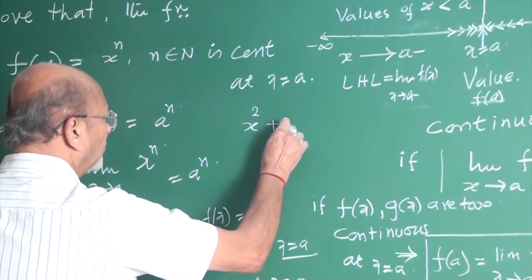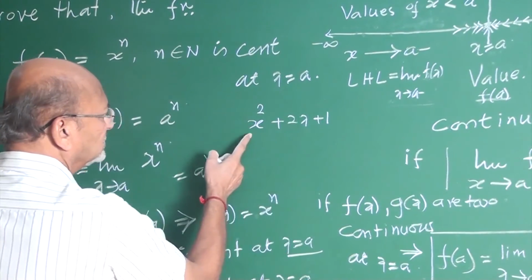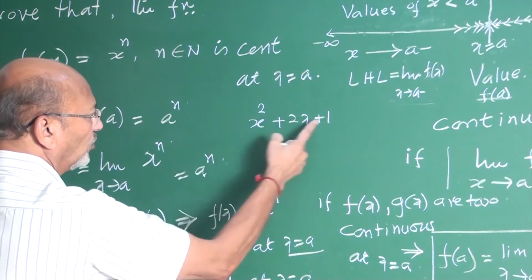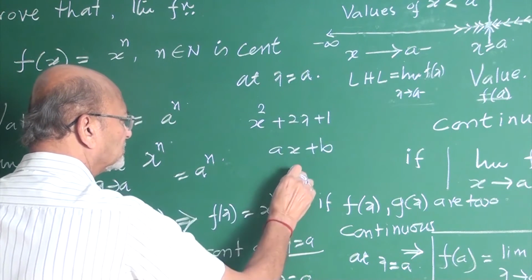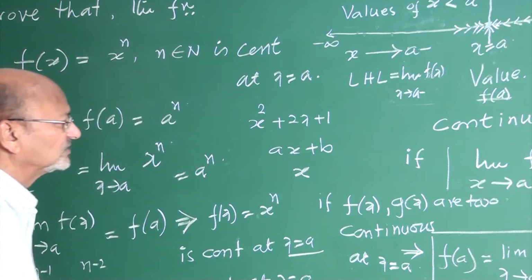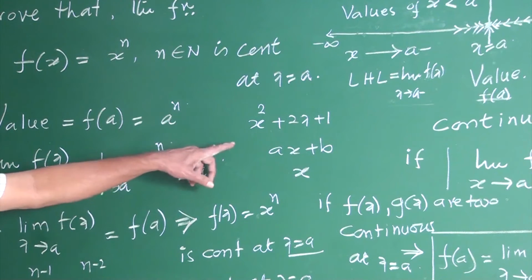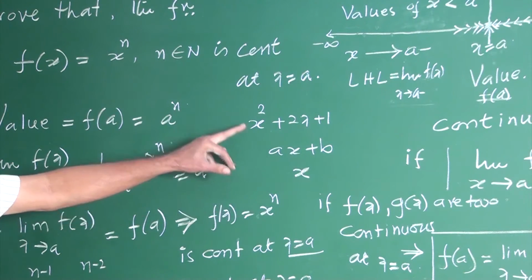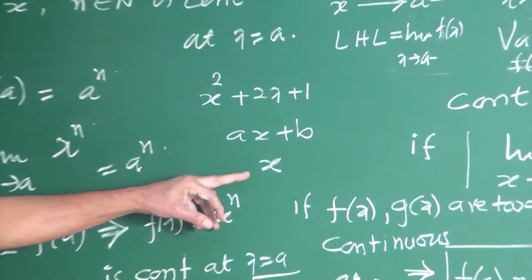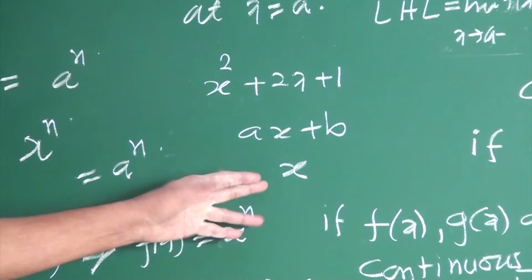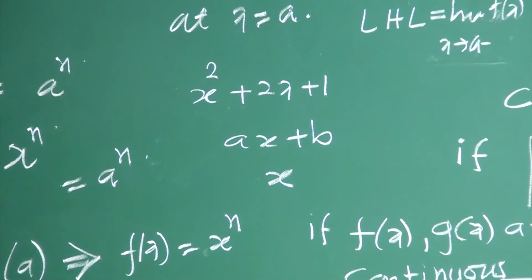What is this? It is x square plus 2x plus 1. It is a polynomial function of degree 2, quadratic. You can even say ax plus b, 2x plus 3, only x like this. All these are polynomials, my friends. Hence, by this statement, every polynomial function is a continuous function. While doing mean value theorem examples, we use this many times.